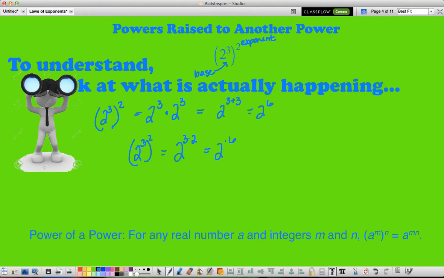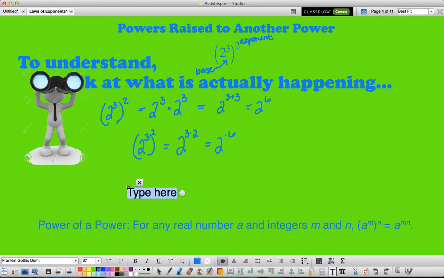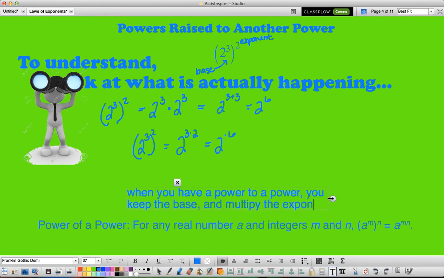Okay, so again, to break it down, when you have a power to a power, you keep the base and multiply the exponents.